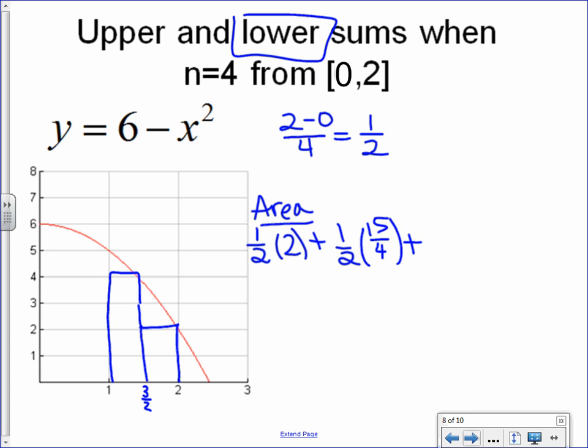Okay. Then we'll move 1/2 again to where our height is coming from when x is 1. And then our last one, the rectangle from 0 to 1/2.